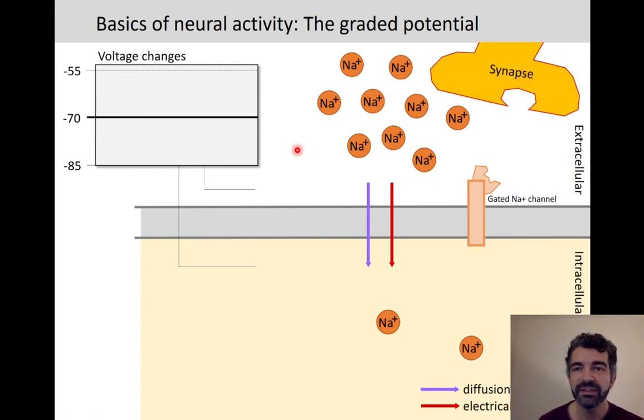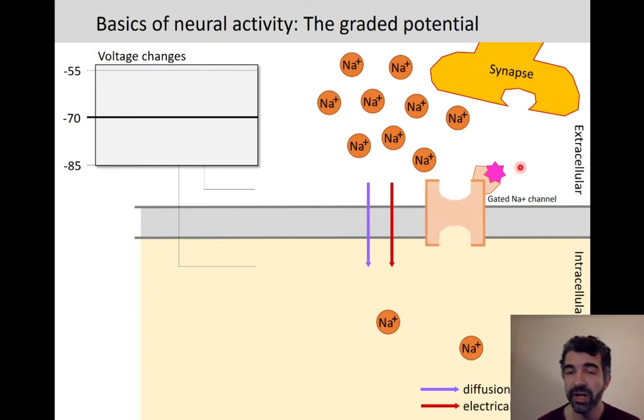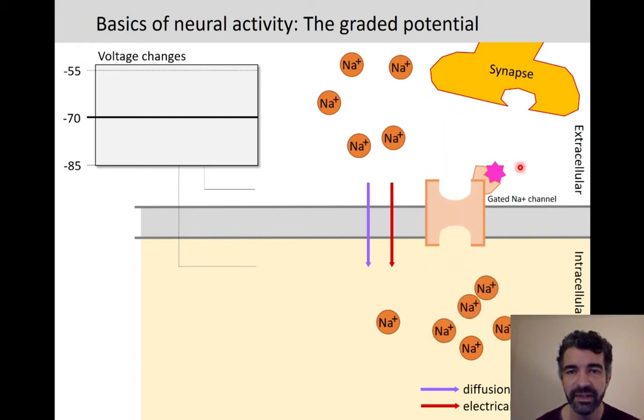So let's say there is a synapse that releases a neurotransmitter that can lock onto this gated Na+ channel. And then what happens, so this would be coming from a different neuron, right? So what then happens is that this gated channel opens up, allowing Na+ to go inside of the cell.